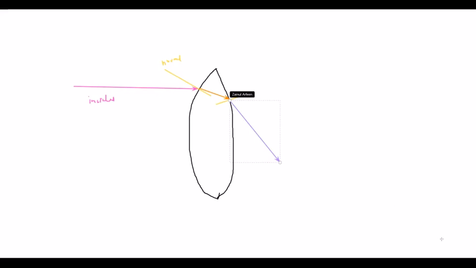But if a light is passing along the normal, like this is a surface, so if I draw a normal here, the yellow line is representing a normal. So normal is like this, perpendicular to the surface.